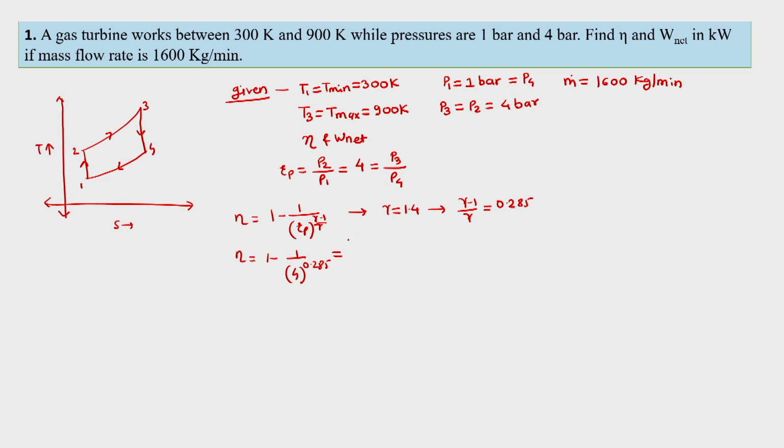0.285, which is equal to 0.3263, or efficiency is equal to 32.65%.